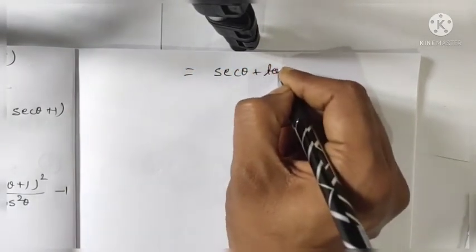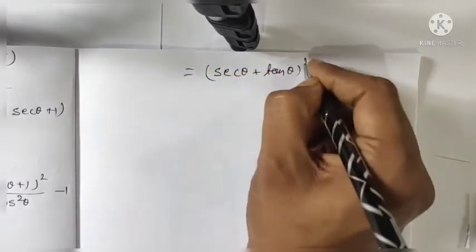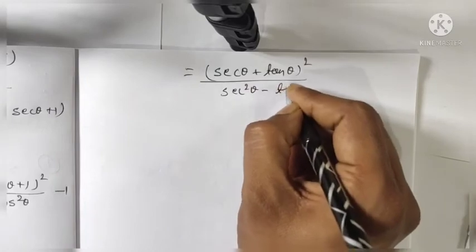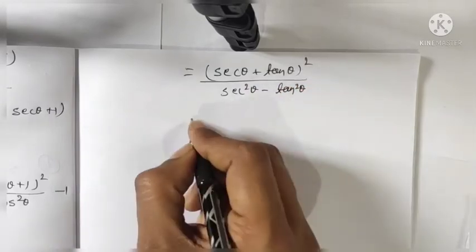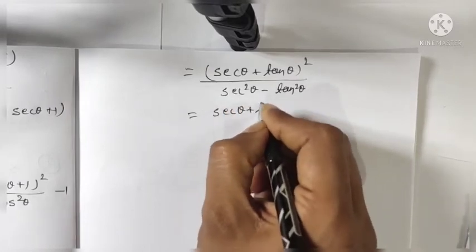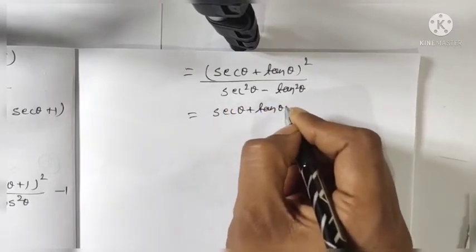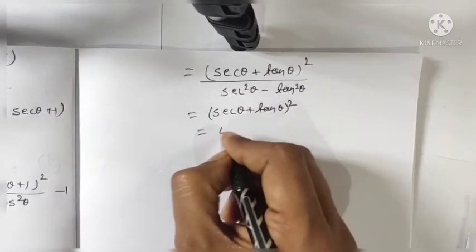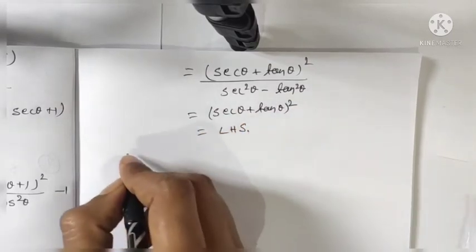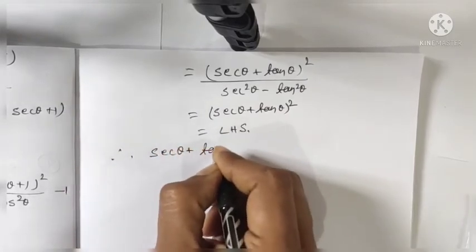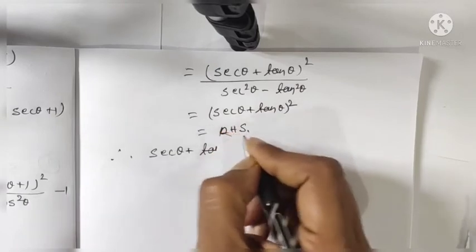So it will be (sec theta plus tan theta) whole square by (sec square theta minus tan square theta), and as we know that sec square theta minus tan square theta is equal to 1, hence it will be (sec theta plus tan theta) whole square, which is equal to RHS, not LHS.